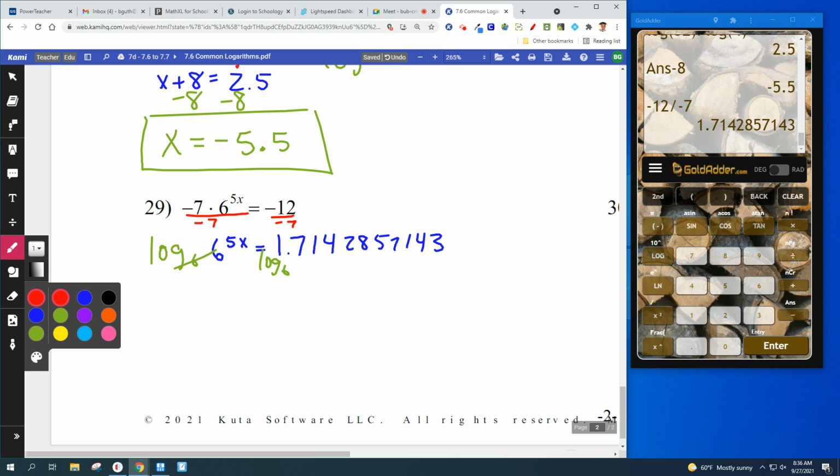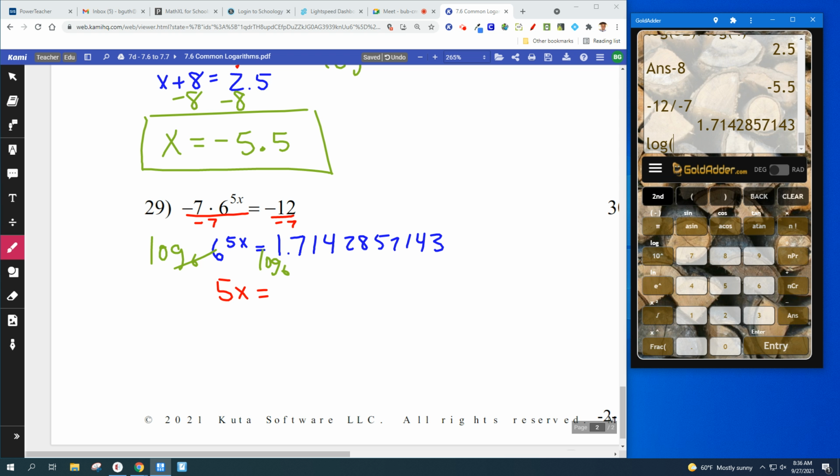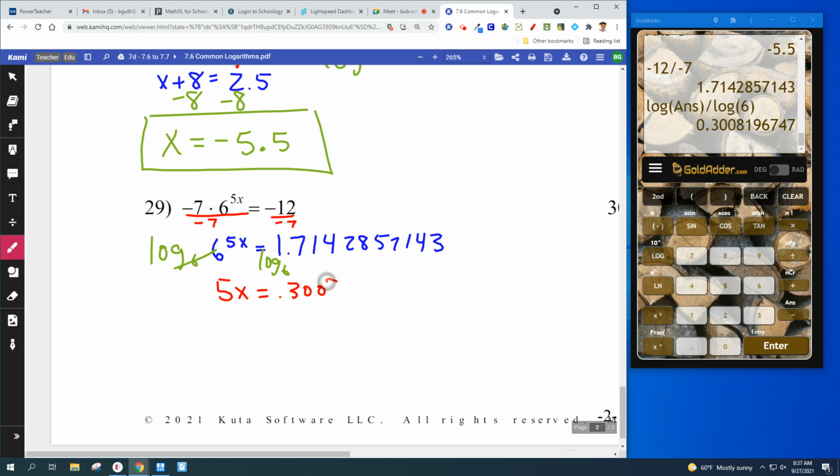Okay? So watch what I'm going to do here. I've already got that big long number in there. I don't want to type it in because I'm lazy. I'm going to go log of answer divided by log 6. Okay, so I didn't have to type in that whole number. It's just going to pull it down for me. All right, is that what you guys got? 0.3-ish? 0.30081967747.